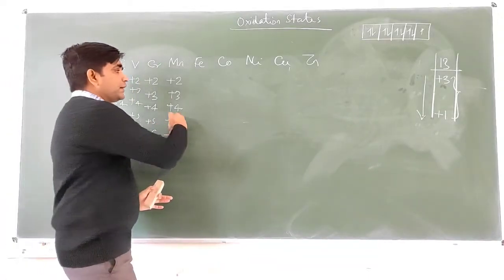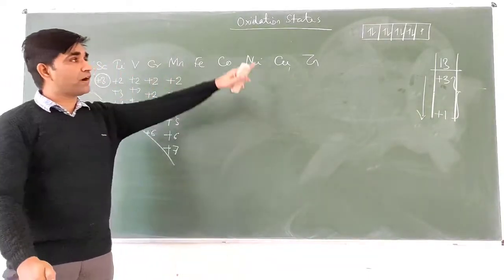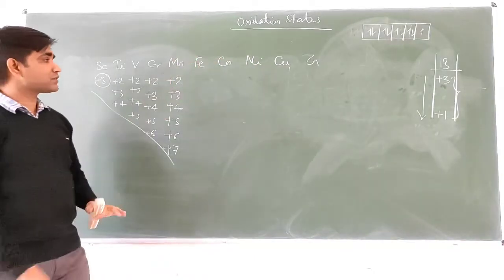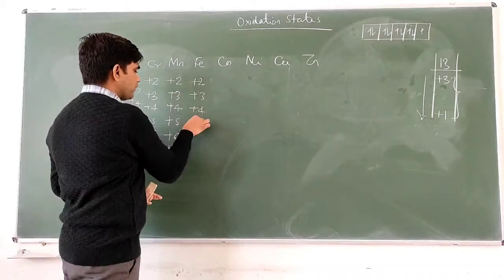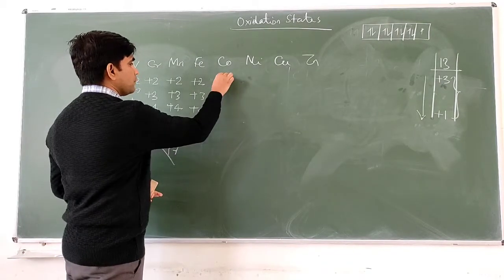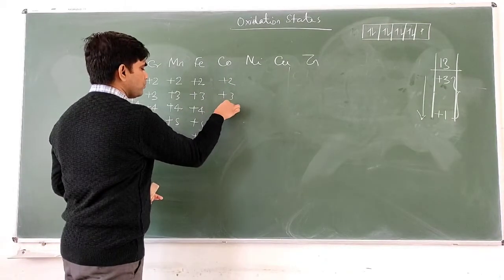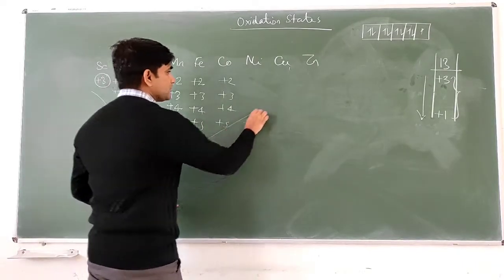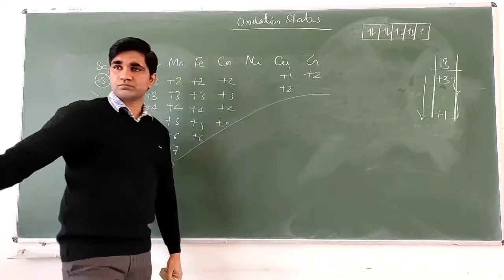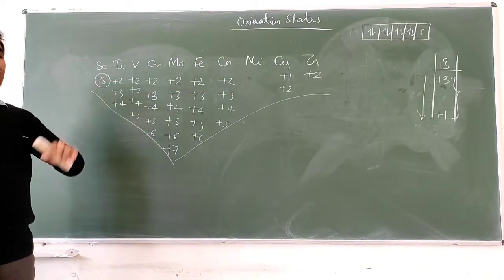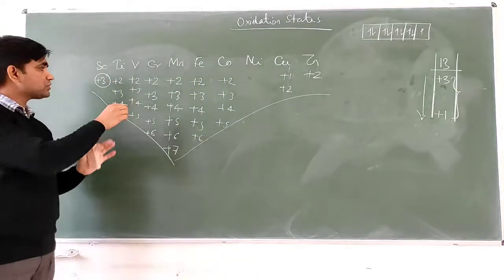After midway, it decreases again because the number of unpaired electrons decreases as pairing starts. +2 is the most common oxidation state in this series.